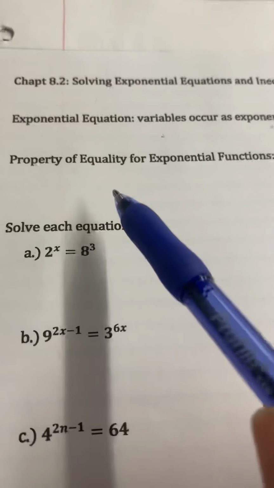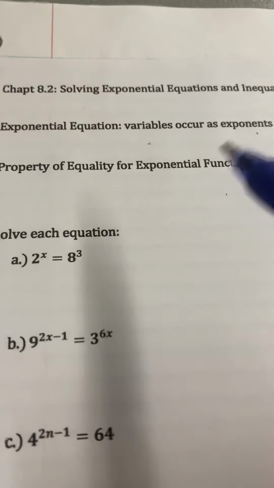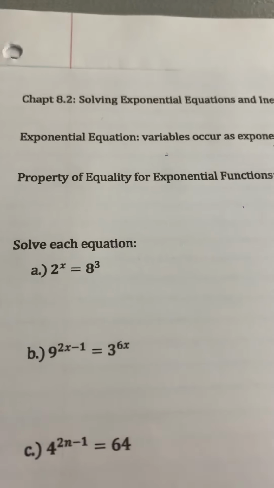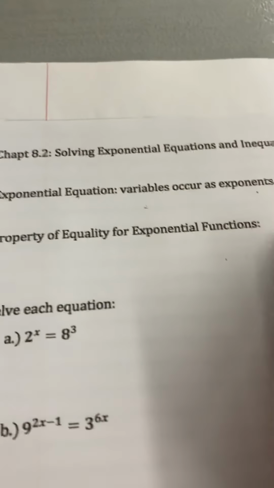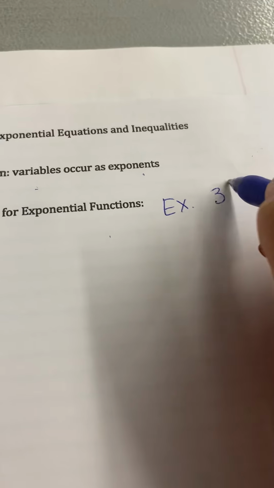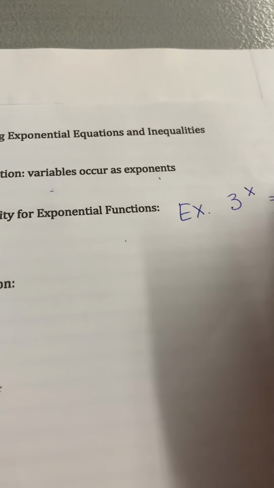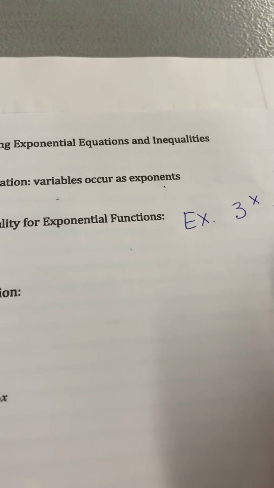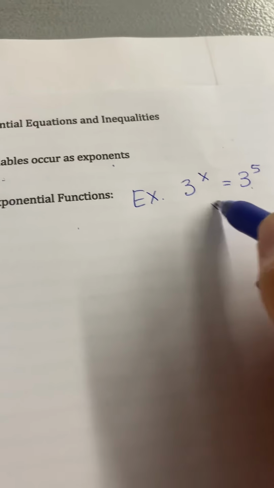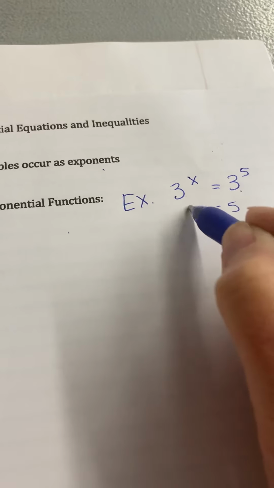Now there's a property of equality, and what that really means for exponential functions is that there's a rule that we can apply: if our problem has the same base on both sides, then we can drop our bases and x equals 5.